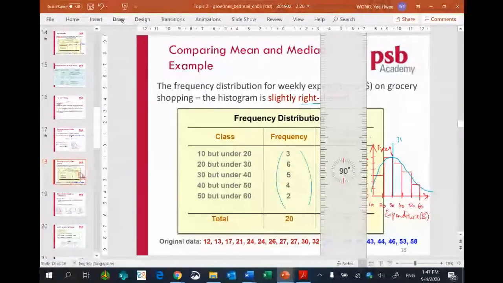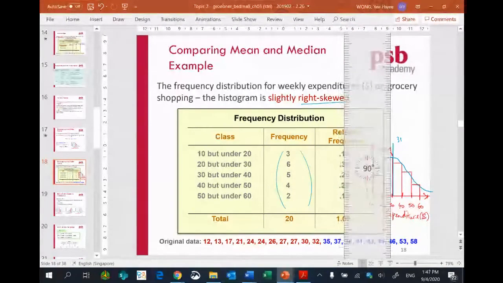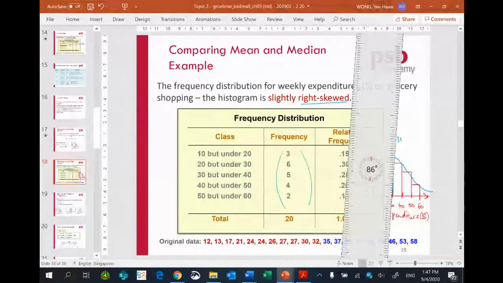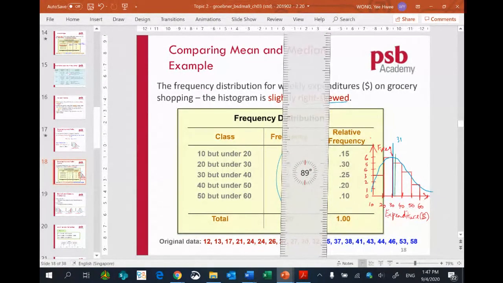Okay, then I use another color. I put 32.4. It's very close. This is 32.4.